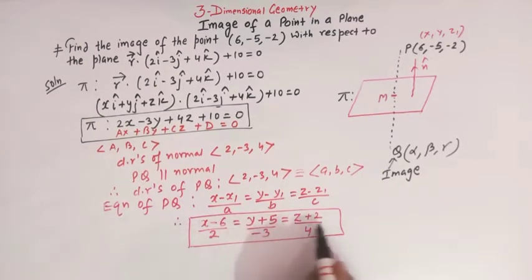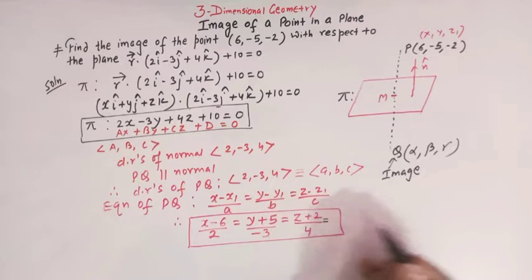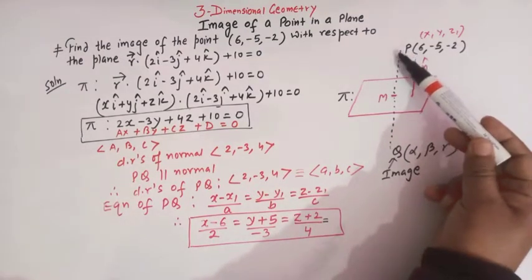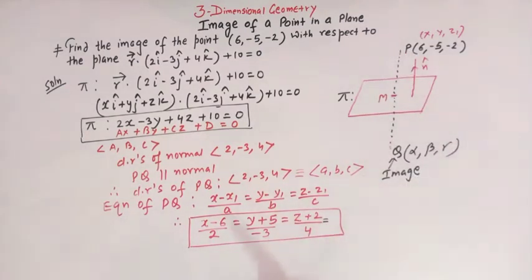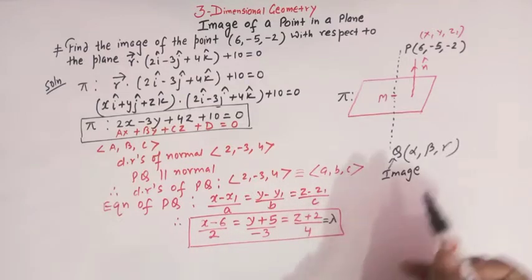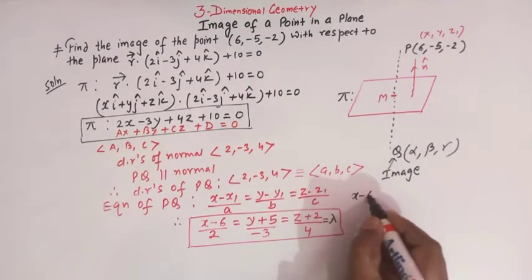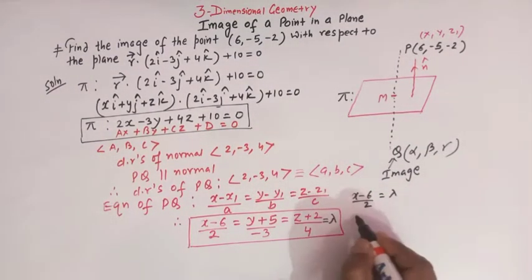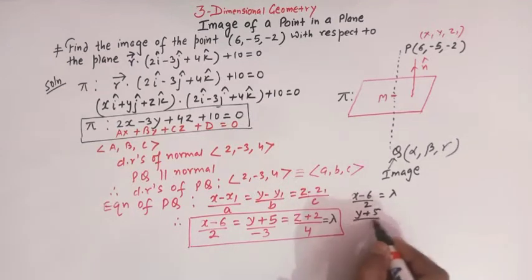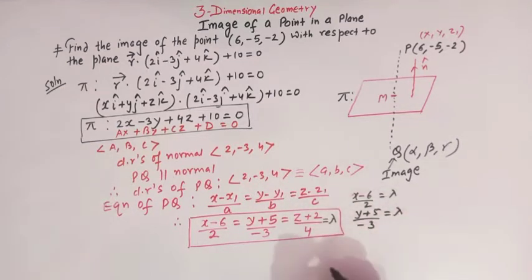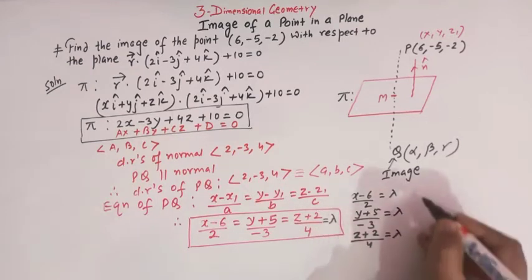Now we will find the general coordinates of a point lying on this line PQ. For this we can take a scalar lambda. We have (x minus 6) over 2 is equal to lambda, (y plus 5) over -3 is equal to lambda, and (z plus 2) over 4 is equal to lambda.